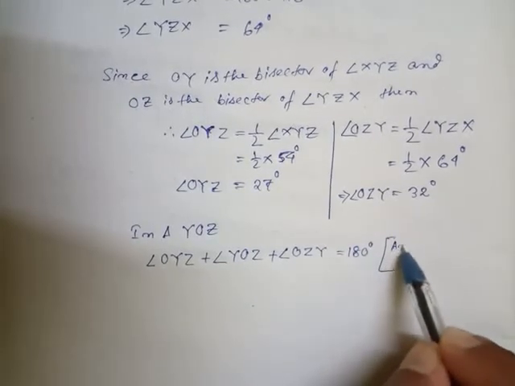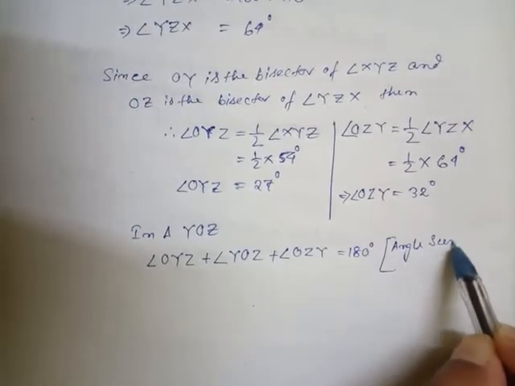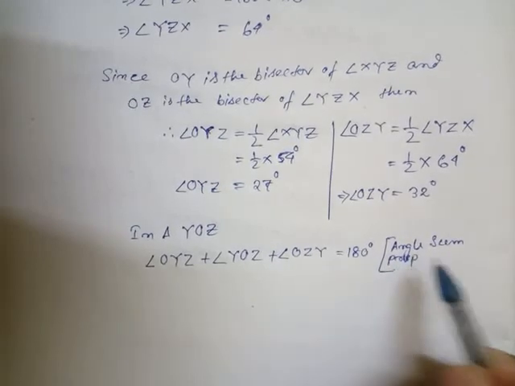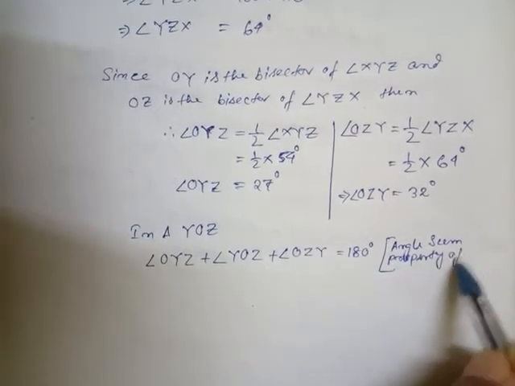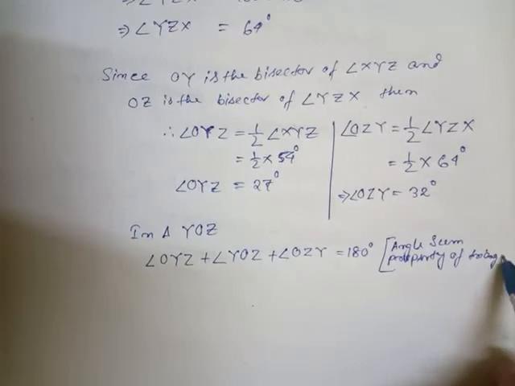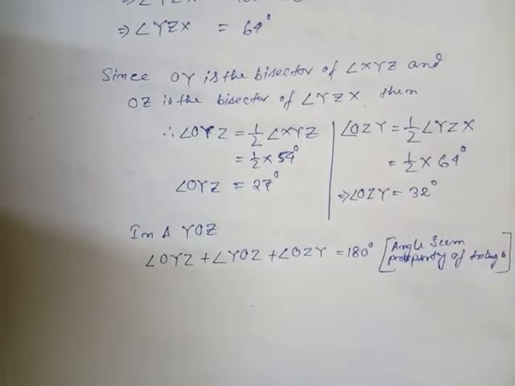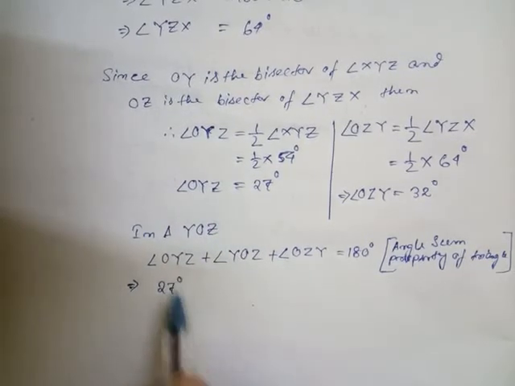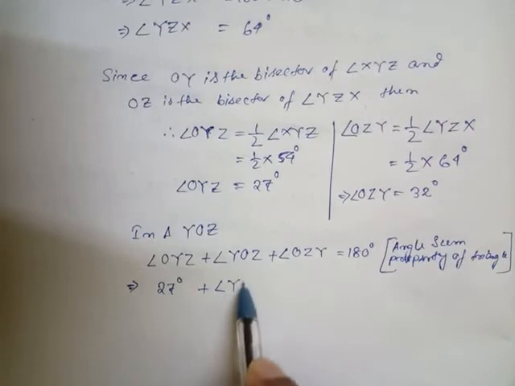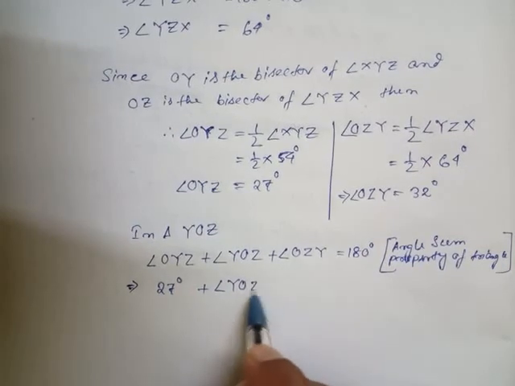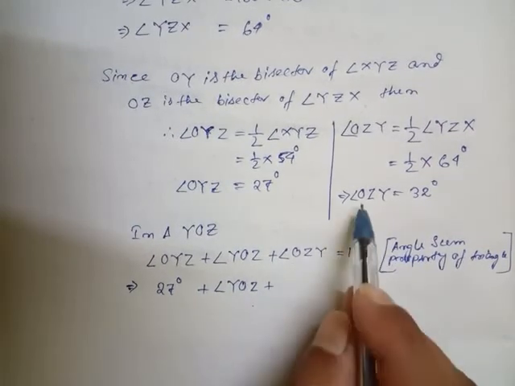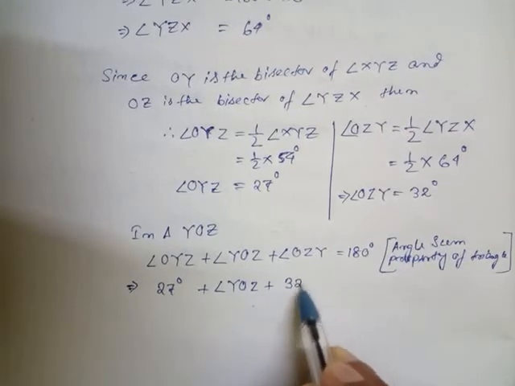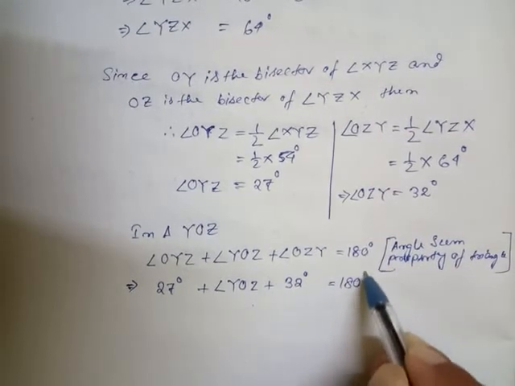This is the angle sum property of triangle. This is theorem 6.7. Now this angle OYZ equals 27 degrees, and this was YOZ, we don't know, we have to find out here, and OZY is 32 degrees, and this equals 180 degrees.